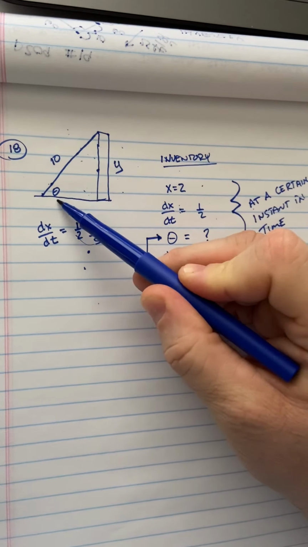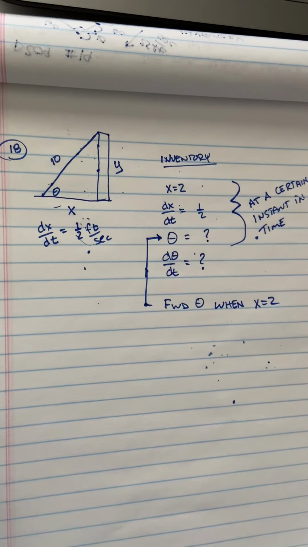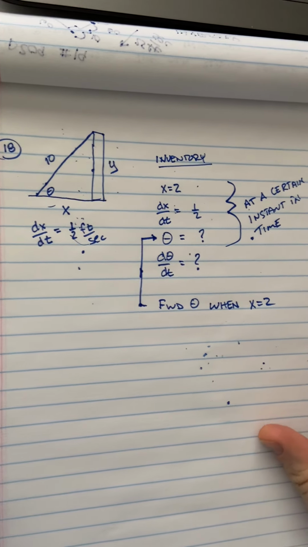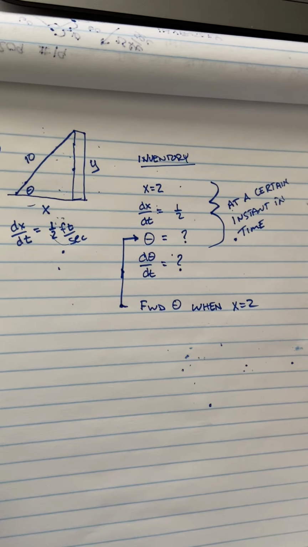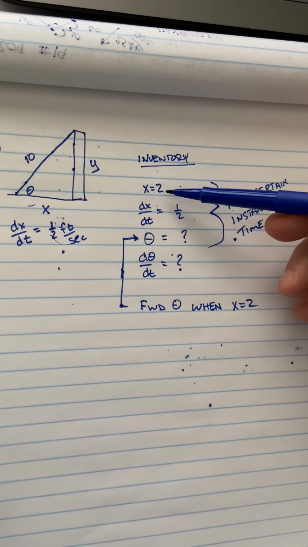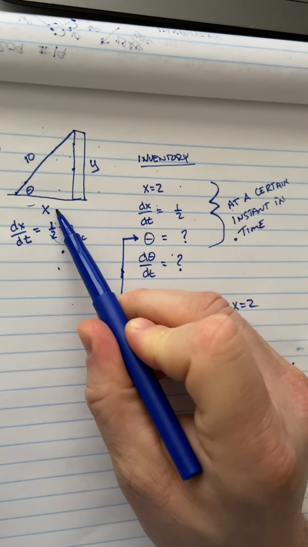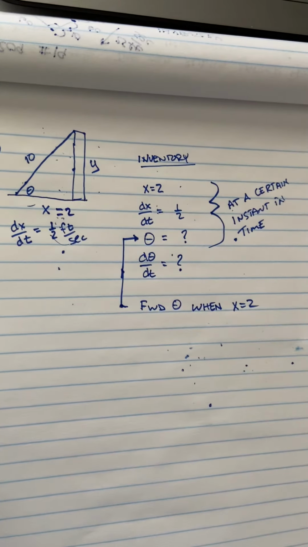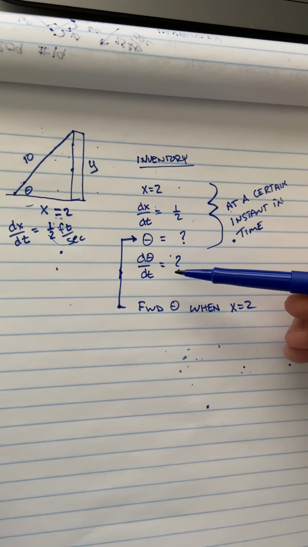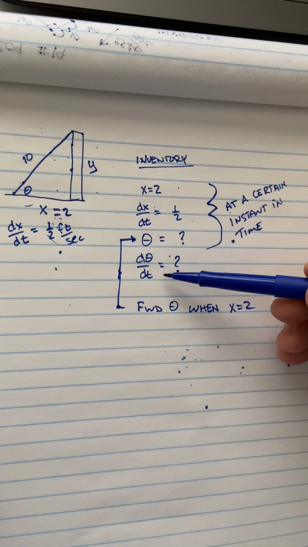And then what we're trying to find is the rate at which the angle is increasing. Hopefully everybody understands what the question's asking for, and there's our picture. Take inventory of all your variables. At a certain instant in time where x is 2, that's what we're going to use ultimately to find our rate of change of the angle with respect to time.